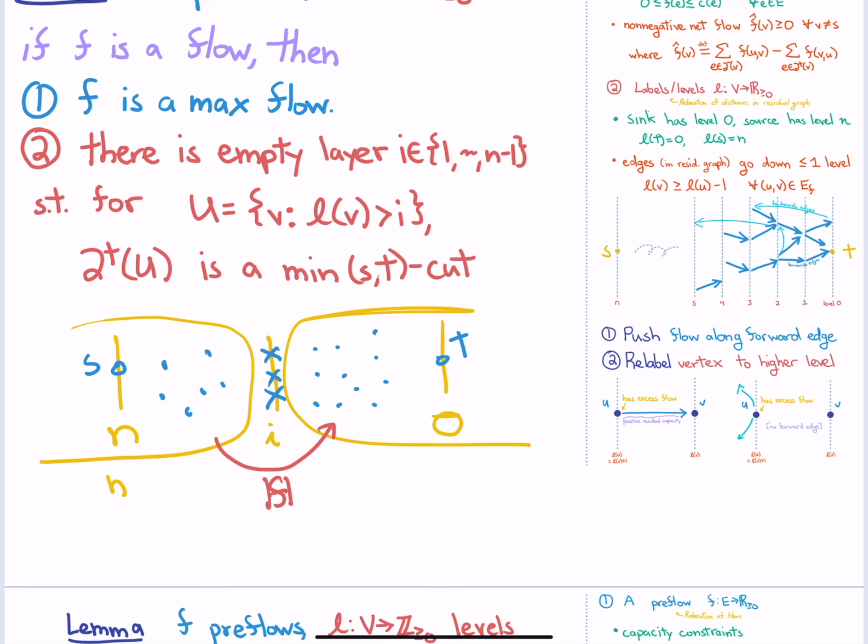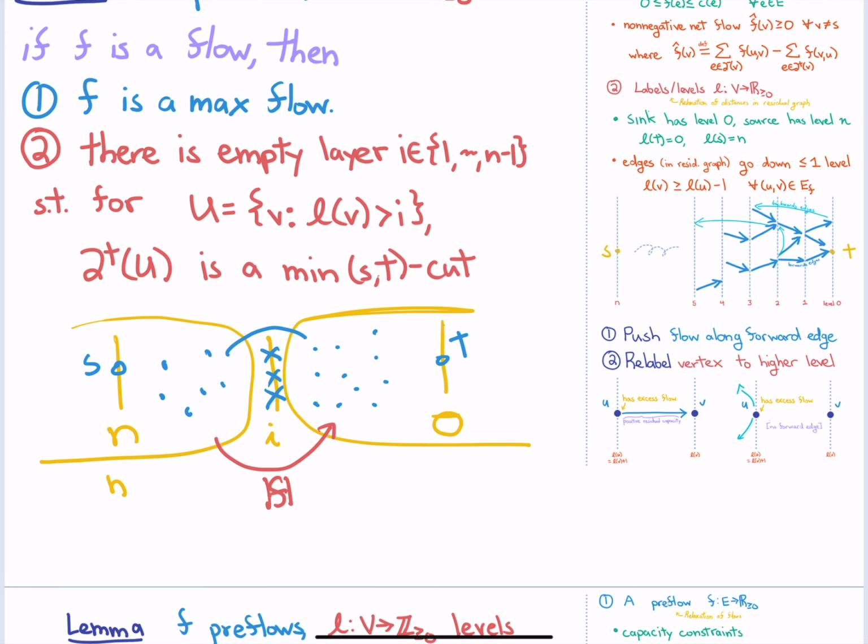Here's one question. Can there be any edges in the residual graph from one side to the other? No. Why not? Because then it would have to go across 2 layers because of the empty layer.